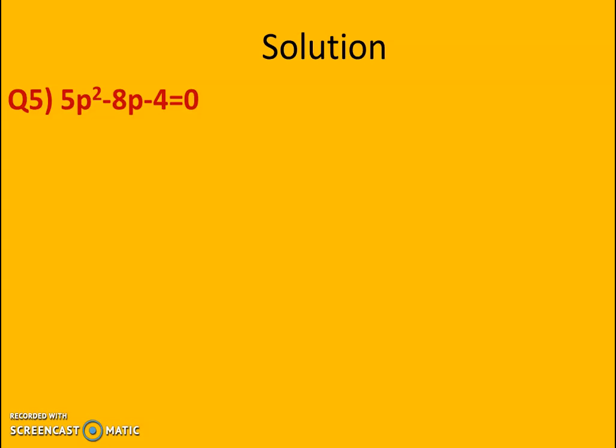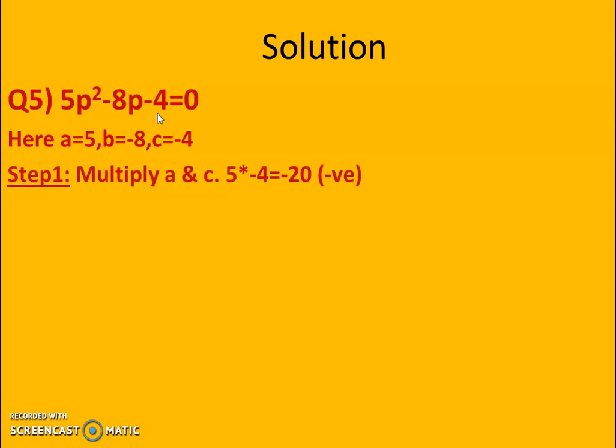Next equation we have is 5p square minus 8p minus 4. Here value of a is 5, value of b is -8, and value of c is -4, right? So first step, we need to multiply a and c. So after multiplication of 5 and -4 we got -20, and again this is negative number, so we need to divide this minus 20 in two parts.